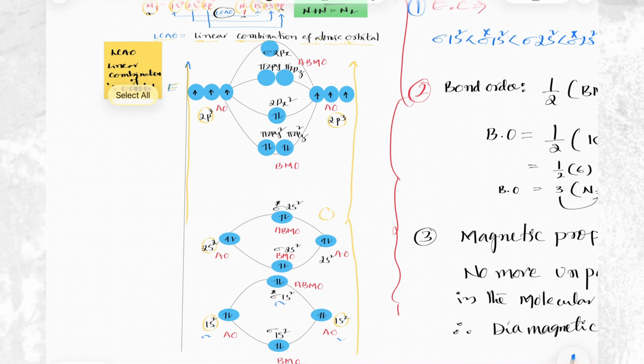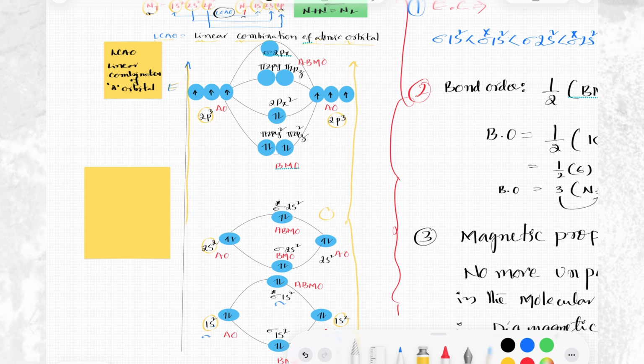Clear, students? Between these two atoms, one sigma bond is formed, meaning one is a sigma bond and the remaining may be pi bonds. Like this we can understand. So one sigma bond is formed, and that sigma bond we can indicate with the sigma symbol.